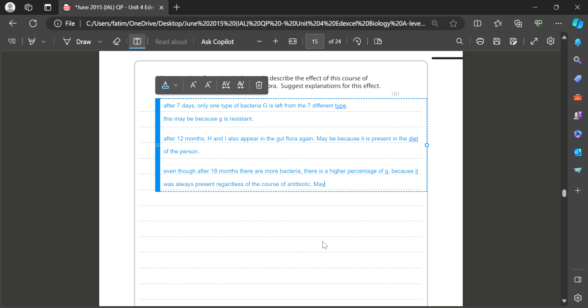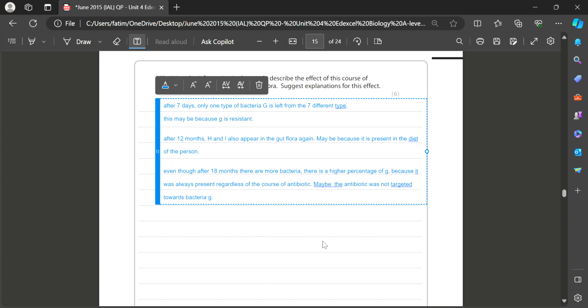Maybe the antibiotic was not targeted towards bacteria G. I didn't say bacterium because it's in percentage, so obviously there's always more than one bacteria here. It would be probably like 0.0001% if there was only one bacterium.